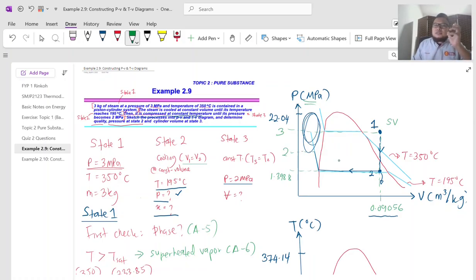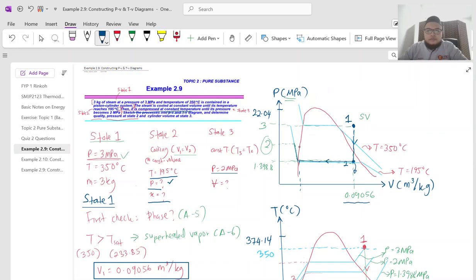It's a little bit different from your normal XY plots, where once you have reached a constant value, you just drag to the y-axis. Here, not really. You have to follow the isotherm, this light blue line, not all the way to the y-axis, but until you reach a value that is larger than 1.398 but less than 3, which is 2 as given by the question.